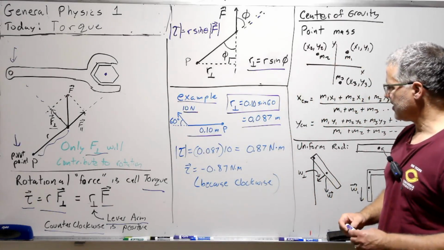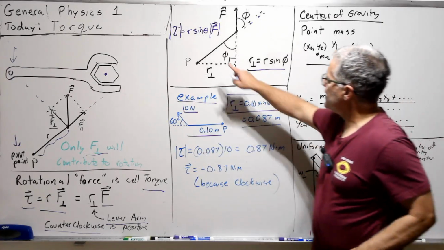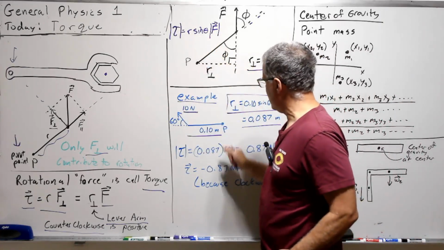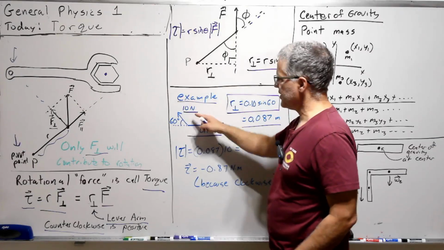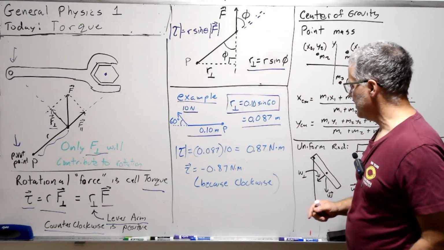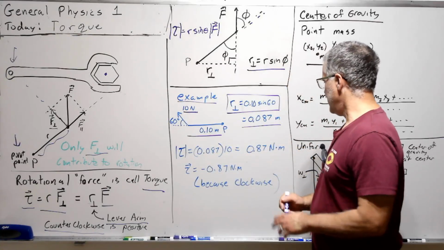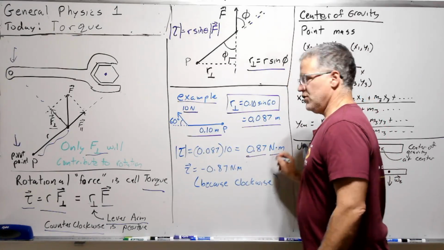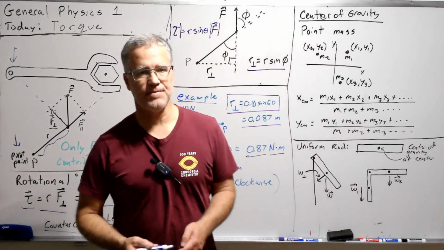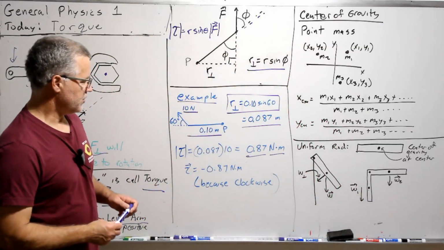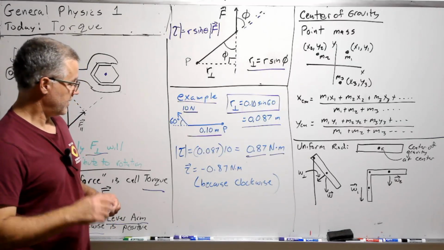You can check that on your calculator. And then our torque is this, so this is sine of that angle, and then times the magnitude of the force, say 10 newtons here in this example. So we get the magnitude as 0.87 Newton meters. So here are the units: Newton meter is the SI unit for the torque.